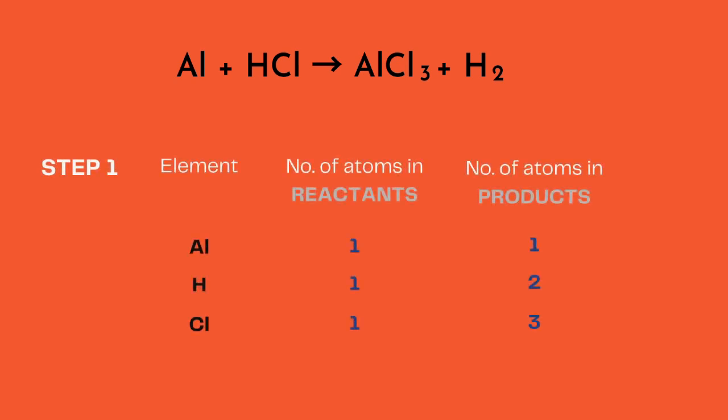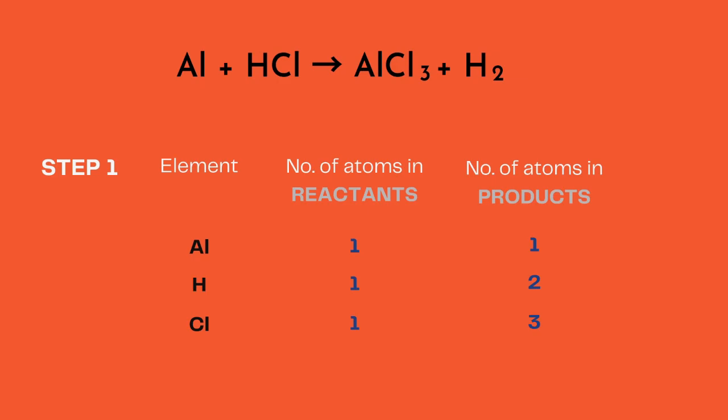We take the number of atoms of all the elements in the equation. So first we take aluminum. The number of aluminum atoms in the reactants is just 1, and in the product it's also 1 in AlCl3. H over here is different: in the reactant side it's 1, but in the product side it is 2. And Cl: in the reactants it's only 1 in HCl, but in the products we see there are 3 Cl in AlCl3.